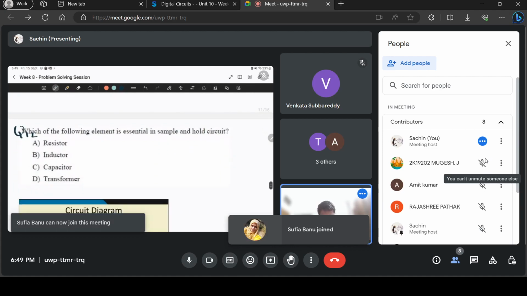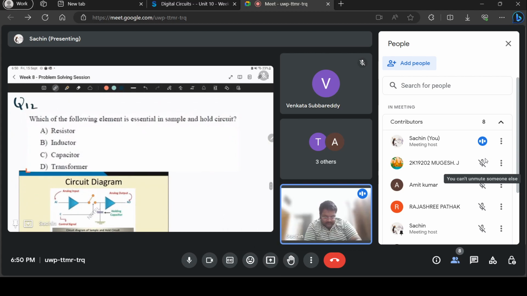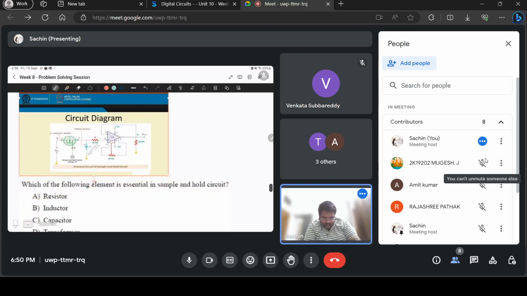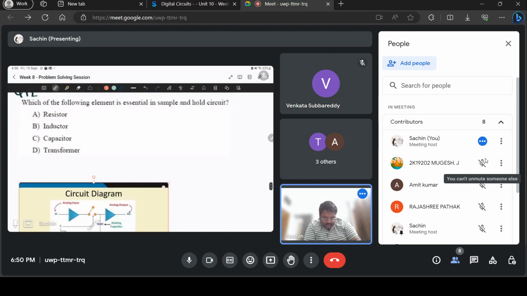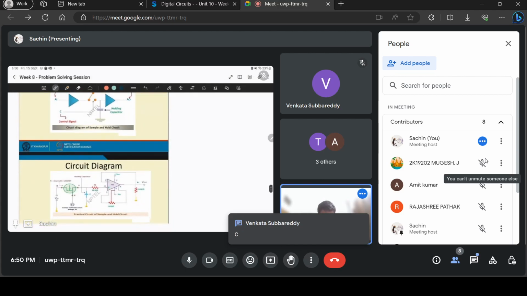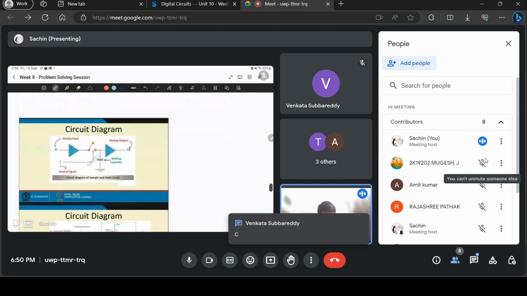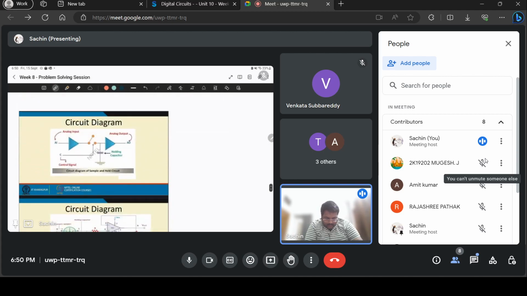Okay. Which of the following element is essential in sample and hold circuit? So this is a circuit for sample and hold. As you can see, it's made up of comparators and a capacitor.